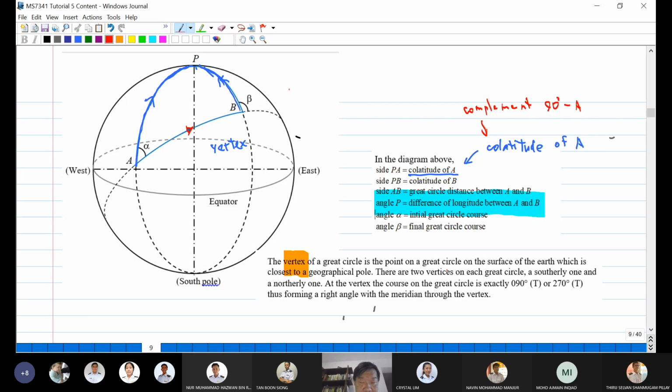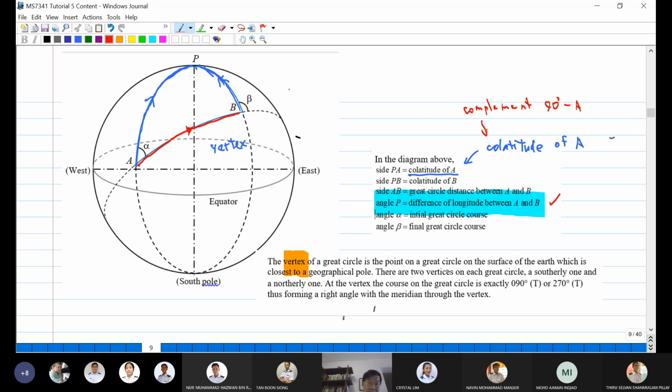So I introduced the co-latitude of A, and then AB, the great circle distance. This distance is the great circle distance between A and B. And the angle P is the difference in longitude between A and B, because A and B have longitudes there.